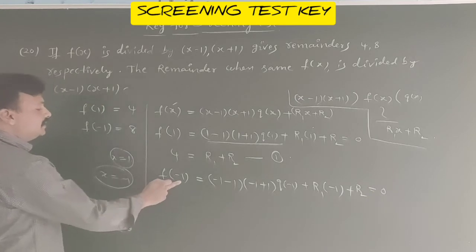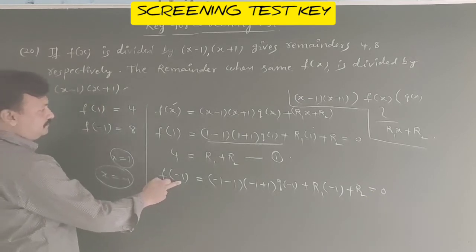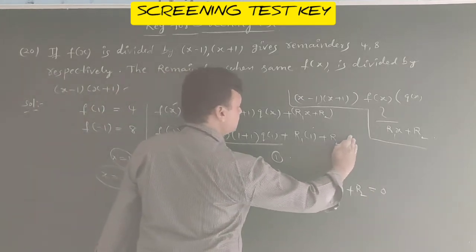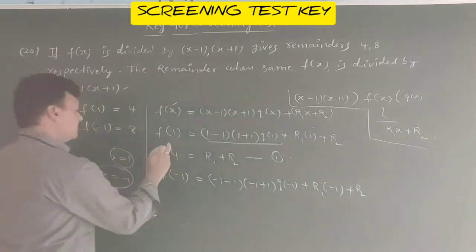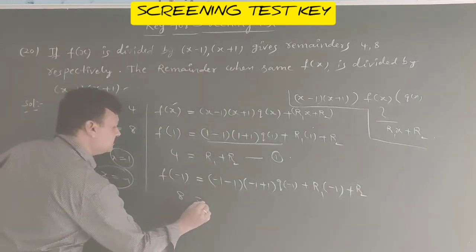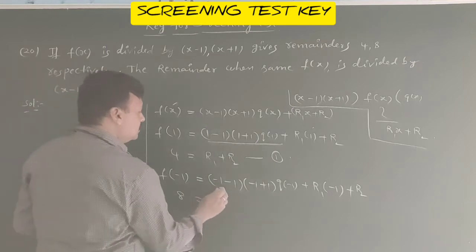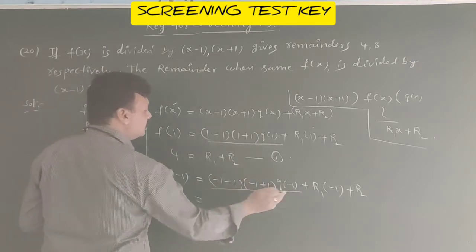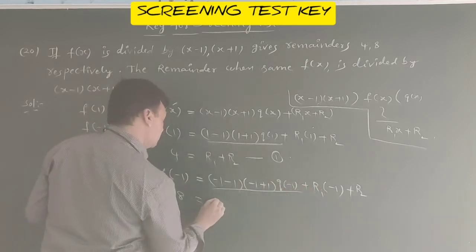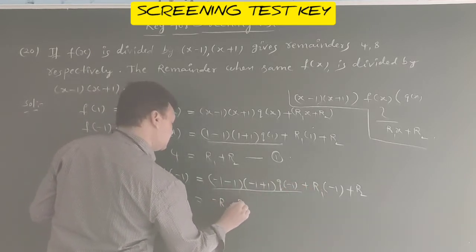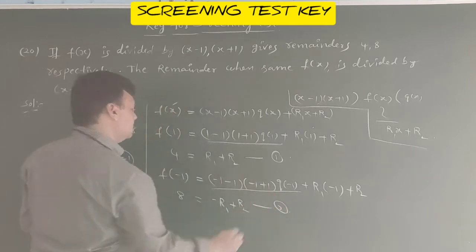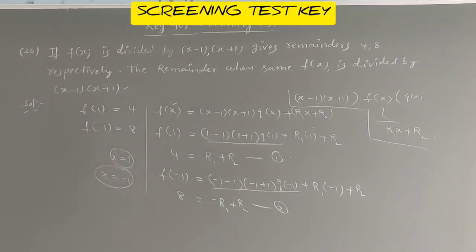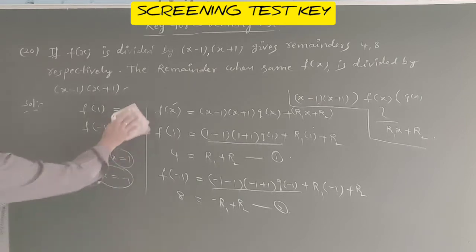Here f of minus 1 is 8. Now here minus 1 plus 1 is 0, 0 into something equal to 0. So here minus R1 plus R2, that is 8. Now simplify.